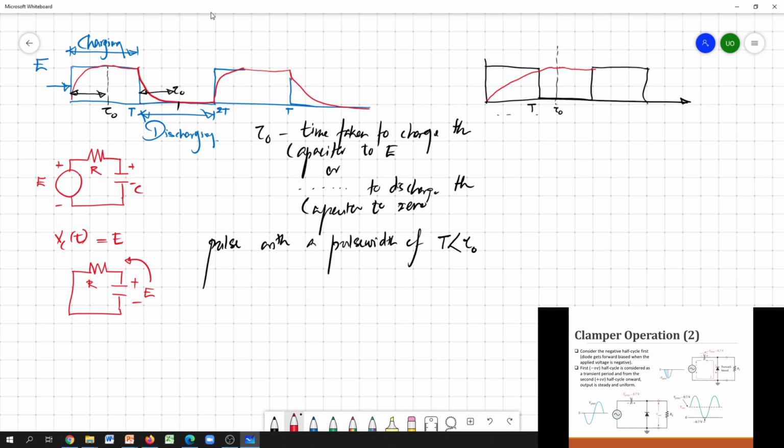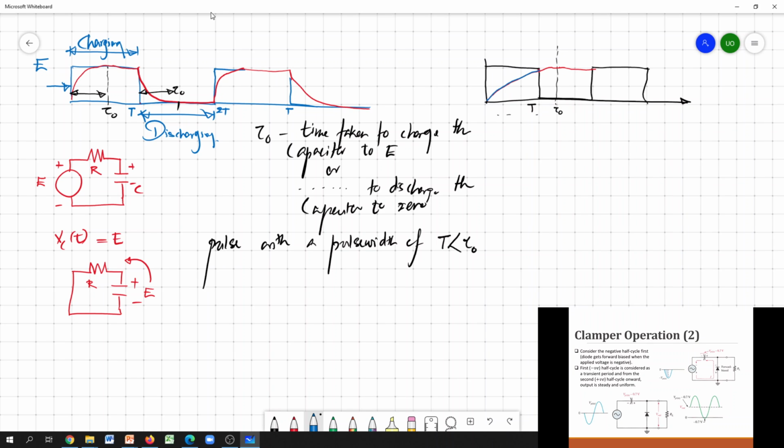Then there won't be any effective voltage applied across the capacitor, and this charging process suddenly stops at this particular point. So it means during this pulse, this capacitor is charged up to this level, not up to E.